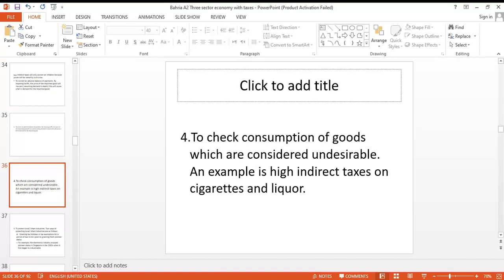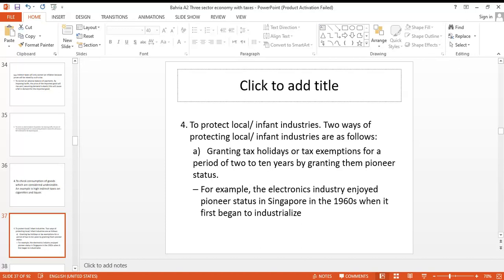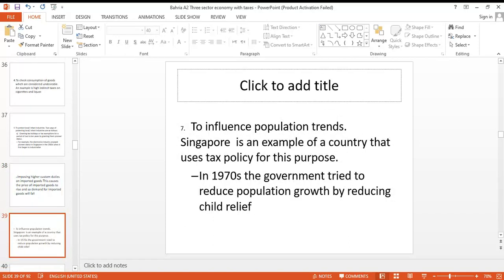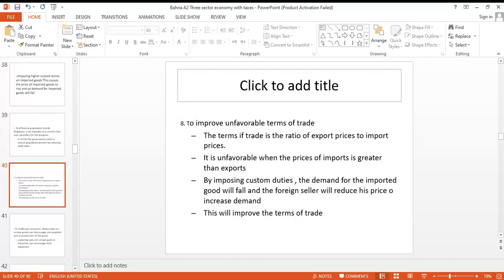Okay. The government can also put high taxes on cigarettes and liquor. It can use taxes to protect infant industry at home. And in certain countries like Singapore, the government removes relief for the children.